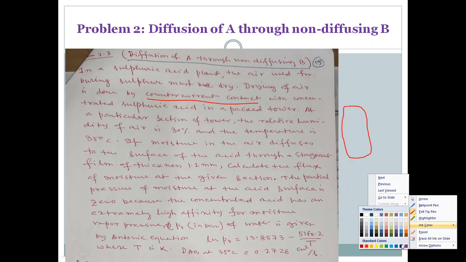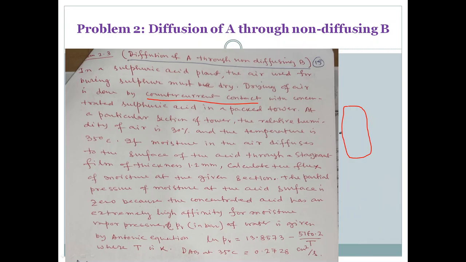Let me draw one, but it will be full of this type of packing material, because it is done to increase the surface area of the interface. So counter current means, now what is happening?